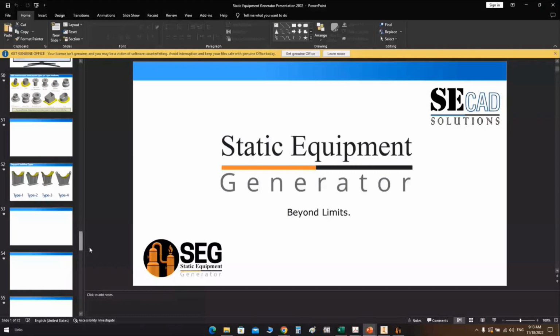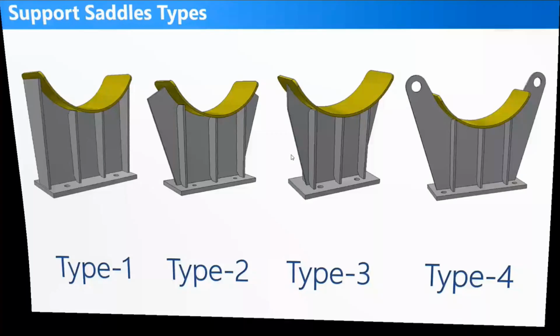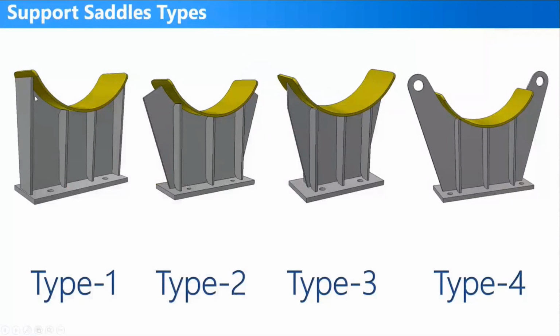Here, if we take a look at the different types of saddles, you can make this saddle with a straight web without any edges here. As you can see, the web here does not include any straight edges like that. Here we have a straight edge perpendicular to the base plate, and that one goes to the center of the vessel. Okay, but that type does not include that shape.